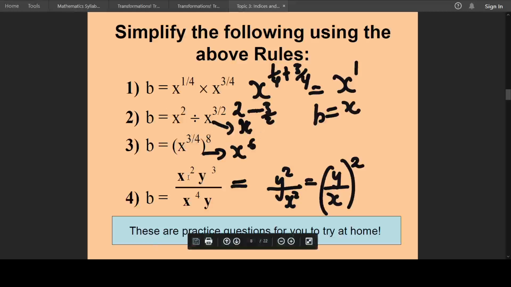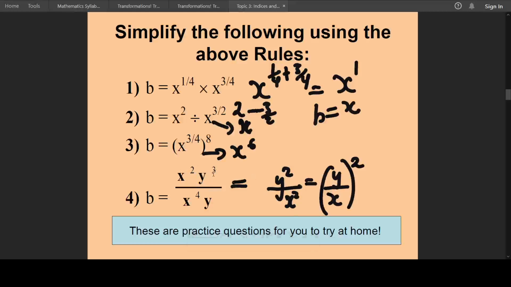And here, if we have x squared y cubed over x to the 4 multiplied by y. First simplify this one. First divide the same terms like x and x. X squared, x to the 4, we subtract. It will be 2 minus 4, which is negative 2. So x to the power negative 2, if you bring it down, is x to the power 2.